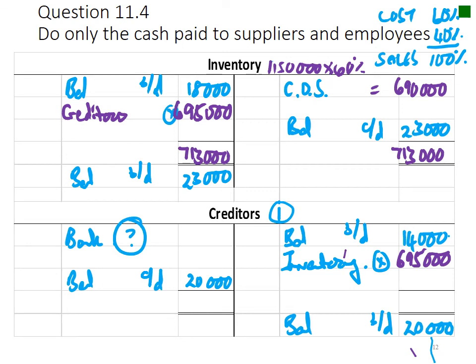So the creditors account on the credit side will have a total amount here of 709,000. That's the opening balance plus the amounts purchased on credit. If I subtract the closing balance, it means the actual payments to creditors are 689,000 for the year.